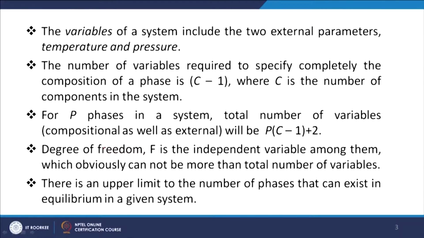For p phases, you will have p into C minus 1, and if you take the other two external parameters, temperature and pressure, it becomes p into C minus 1 plus 2. Now, the degree of freedom is defined as f. It is the number of independent variables among them, and this degree of freedom f cannot be more than the total number of variables, that is p into C minus 1 plus 2.